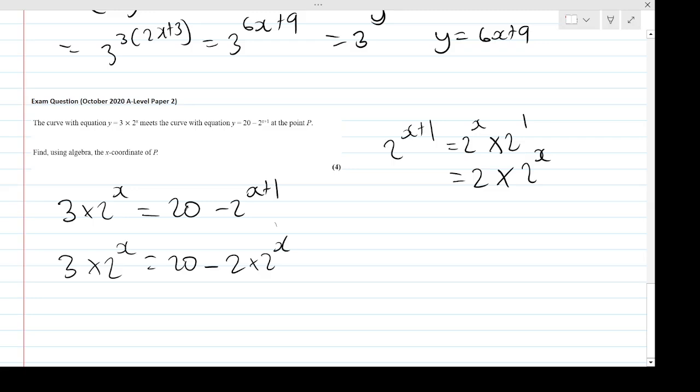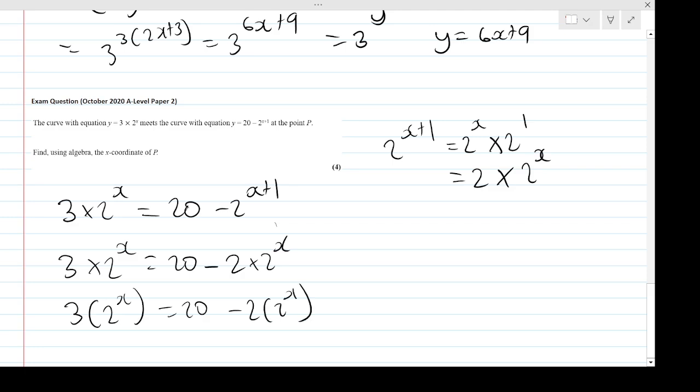But it might still be looking a bit fiddly. So what I'm going to do instead is just make it a bracket. So 3 lots of 2 to the x is equal to 20 minus 2 lots of 2 to the x, which will make it easier to visualize what's going on.